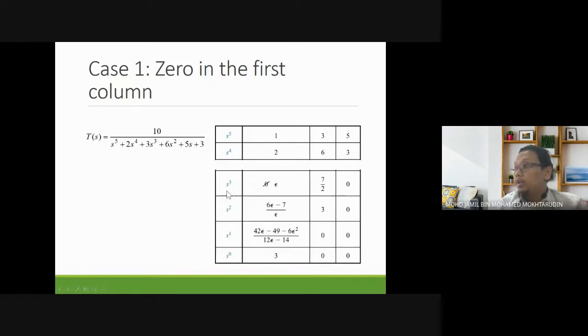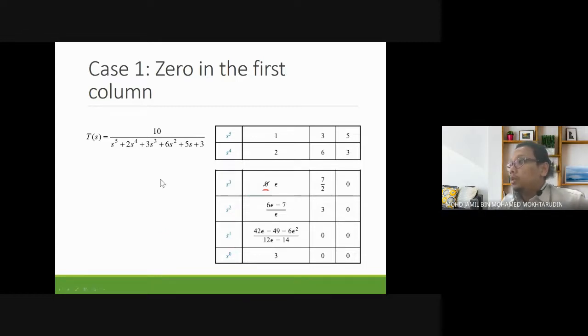Then when you calculate for s^3, you get a 0 here. So this is the 0. When you get this 0, you need to modify your steps before you can proceed with calculating the subsequent rows.